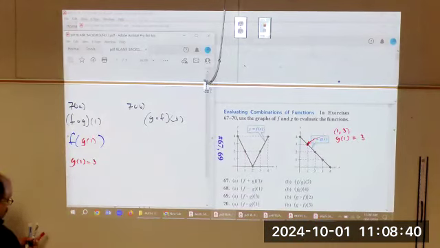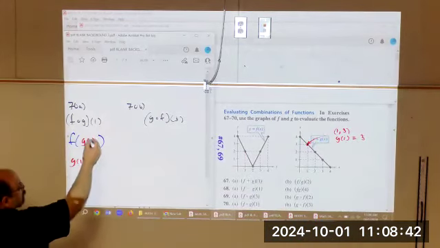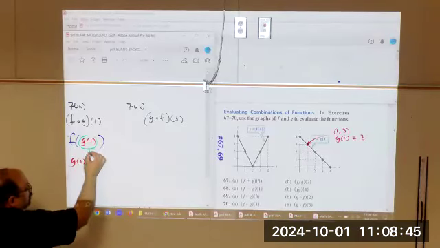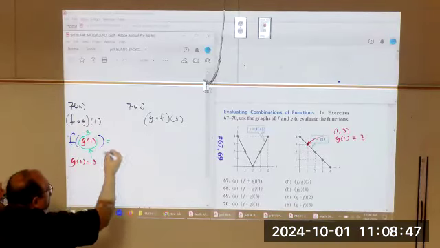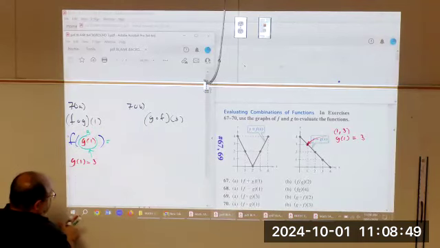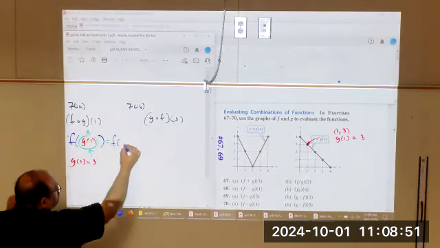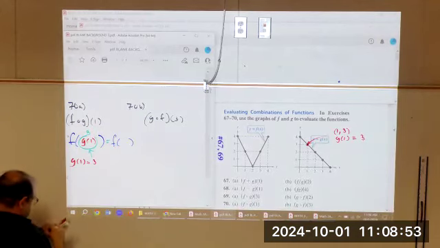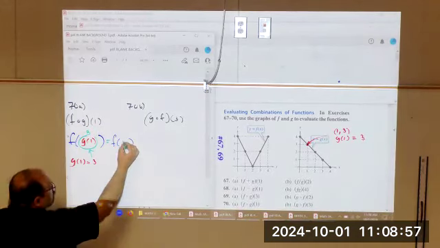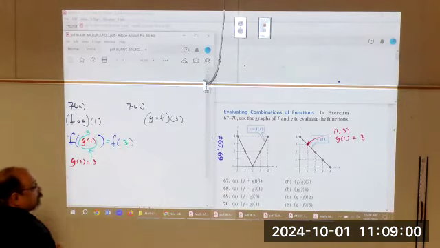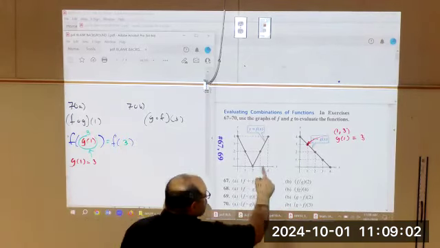I can replace that G of 1. And this becomes F of 3. Going to plug 3 into the F function. So now I'm looking for F of 3.